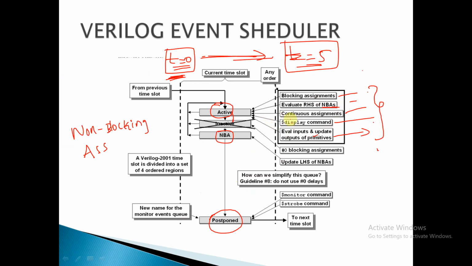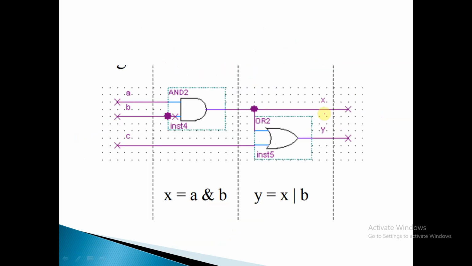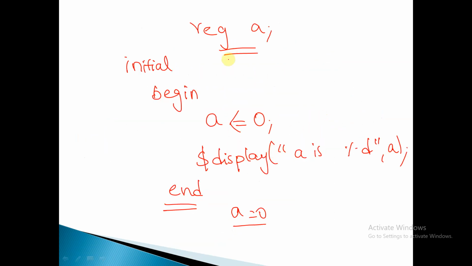Where is dollar display present? Here, dollar display is present in the active region. Coming to non-blocking assignments, as I said, only evaluation of the RHS happens, but not the updation. In the active region only evaluation is taking place, not the updation.